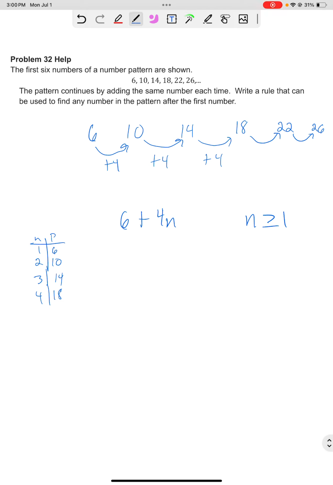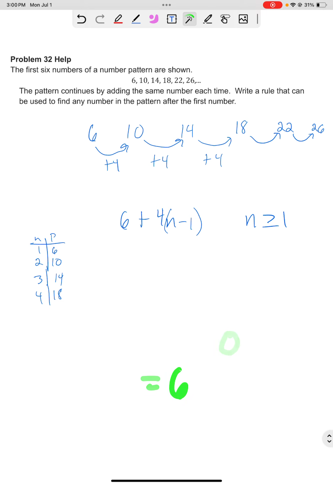And so what I need to do is back up 1 in terms of when I multiply by 4 and add that. So now let's try again. If n is equal to 1, I do 6 plus 4 times (1 minus 1), which is 6 plus 4 times 0, which is 6 plus 0, which is 6.